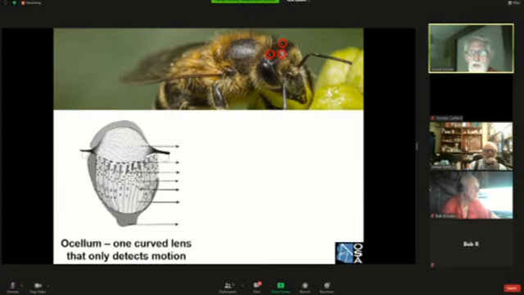And these have just one lens, one curved lens. And the only purpose for these is to be able to detect motion, not to actually see an image of something, but just to detect motion. And that's so that the bee can know that, for example, if there's a bird coming at it to try and eat it for lunch, to evade the bird, for example.